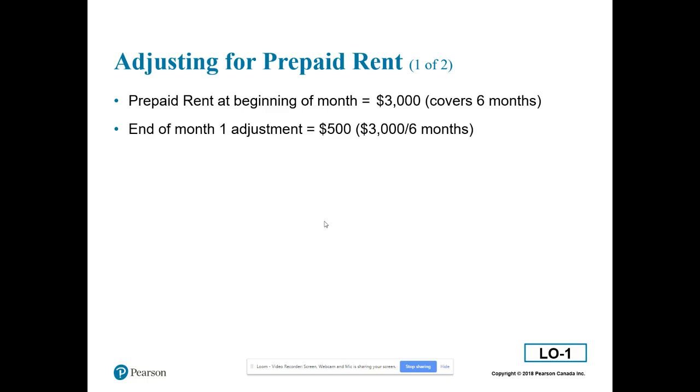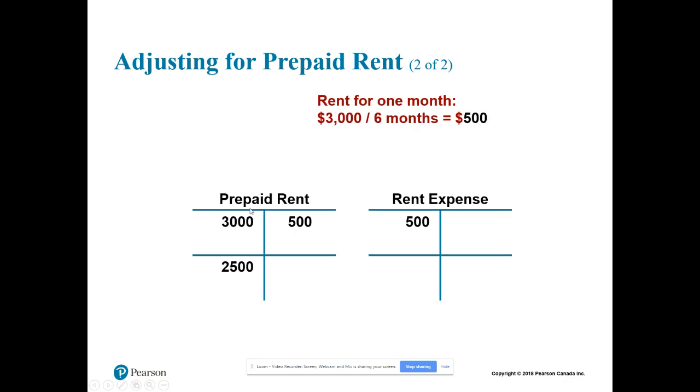Each month's adjustment would be for 1/6 or $500, 3,000 divided by the 6 months. So every month we record $500 of rent expense. The initial entry said, here's the $3,000 in the prepaid rent. And every month, we take a $500 credit to the prepaid rent and make an entry for a $500 debit to the rent expense.